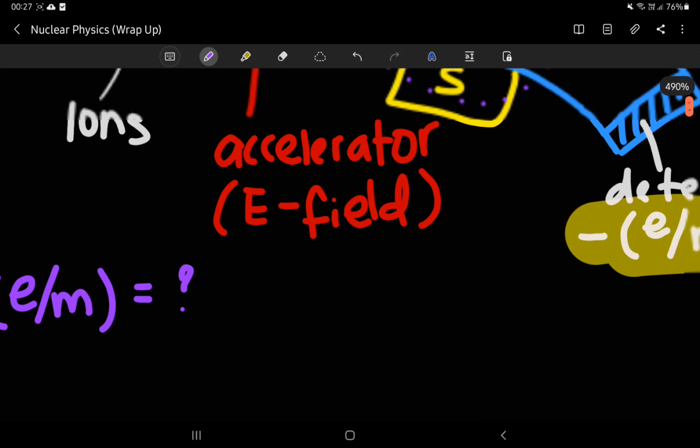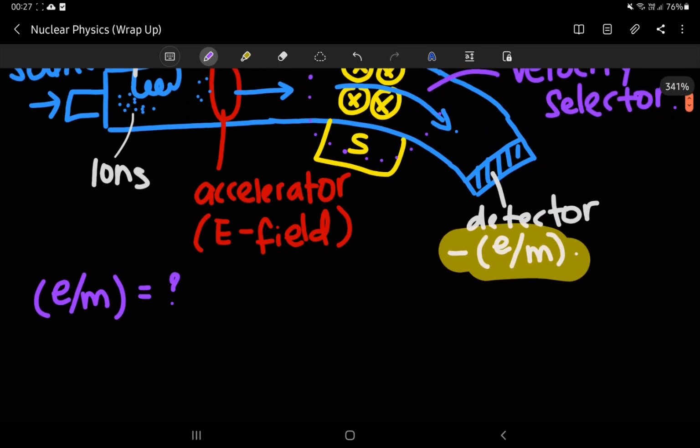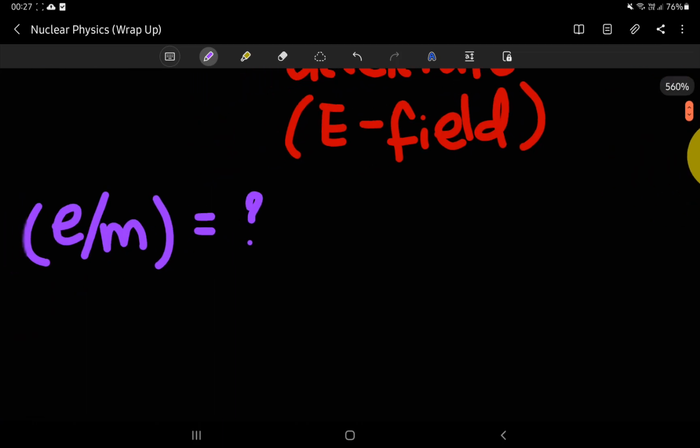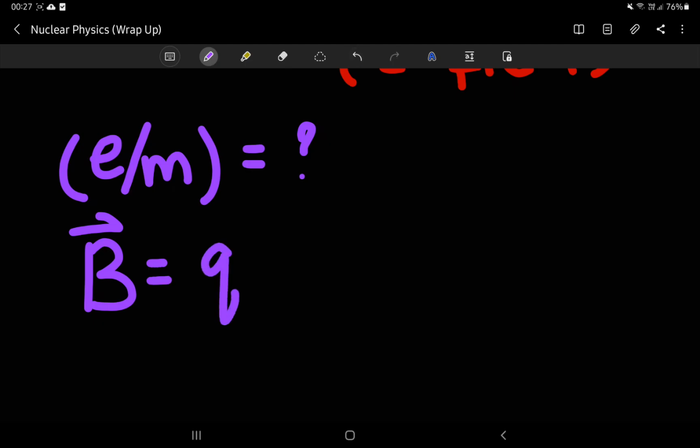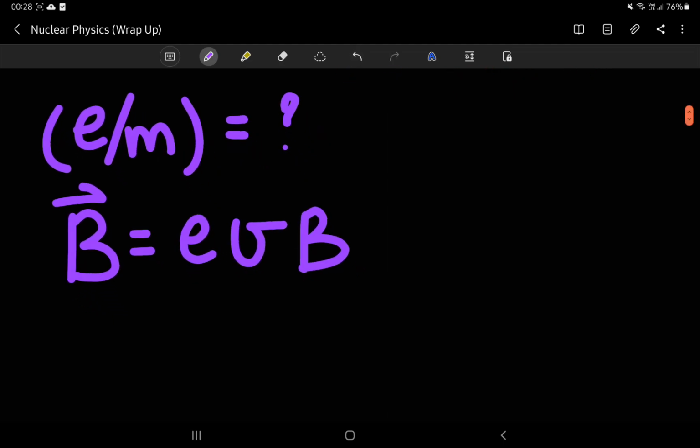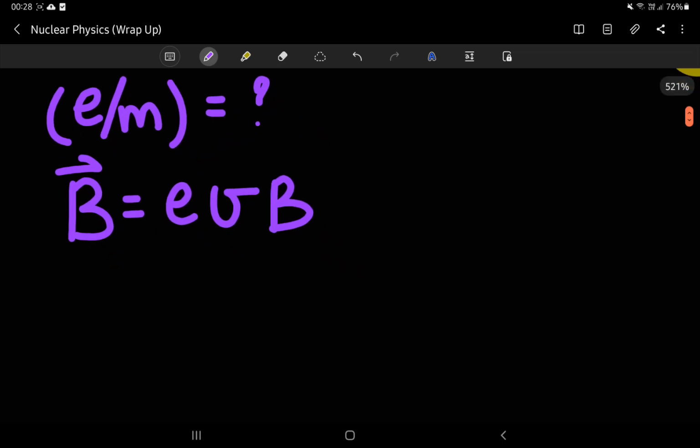So first, we consider the B field. The force is given in magnitude by Q, V is the velocity, and B. Q is the charge, so we can insert e, the elementary charge.